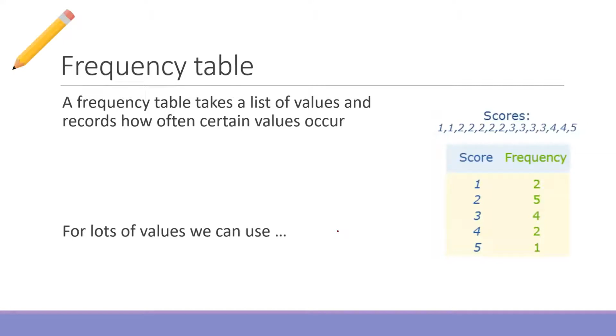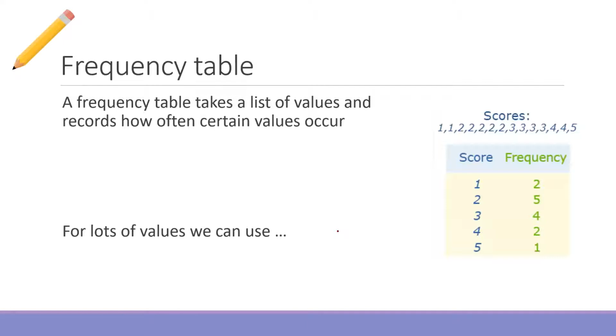So we're going to discuss what a frequency table is. I'd like you to jot this first phrase down, and then we're going to get to the rest of it. A frequency table takes a list of values and records how often certain values occur.